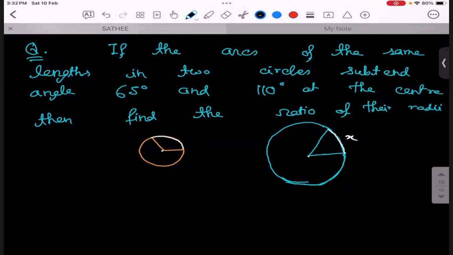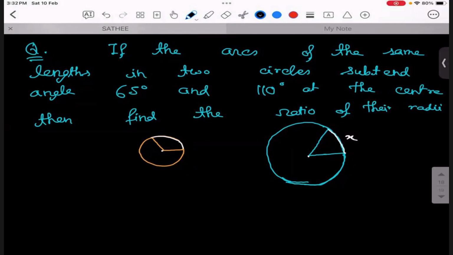If the arc lengths of both circles are the same, then the angle made by the arc at the center will be different for the two circles, depending on their radius. Because we know the relation between radian and real number.